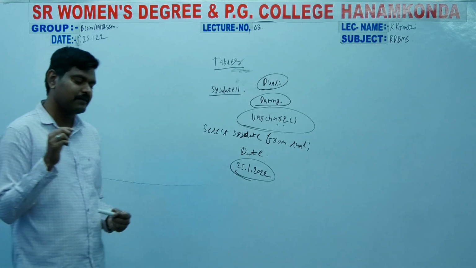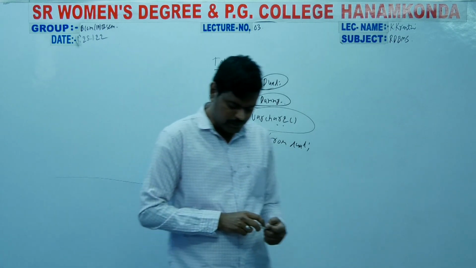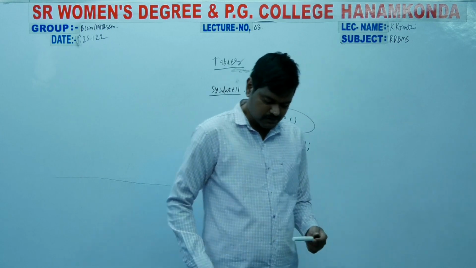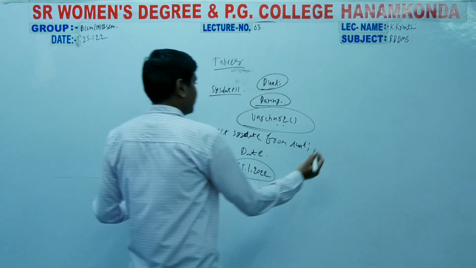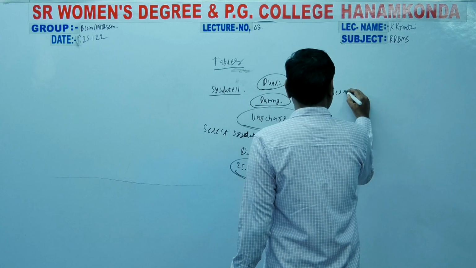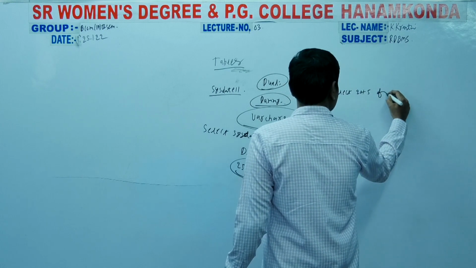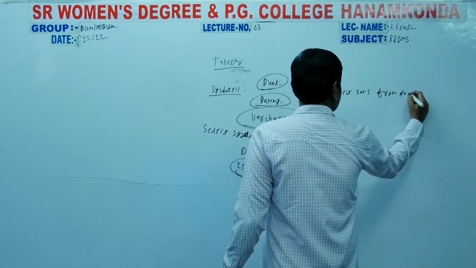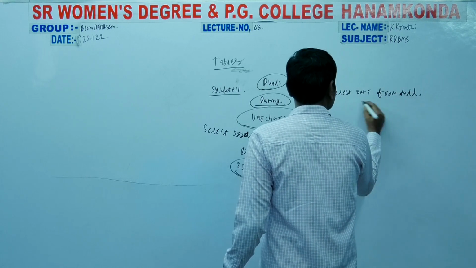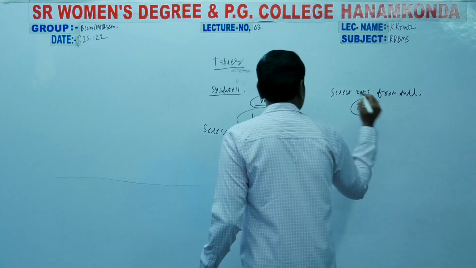For specific functions that you want to perform, we use this table. For example, I want to perform an addition operation: select 20 plus 5 from dual. After that I will get the result 25.